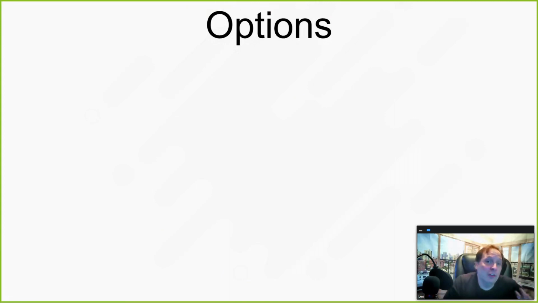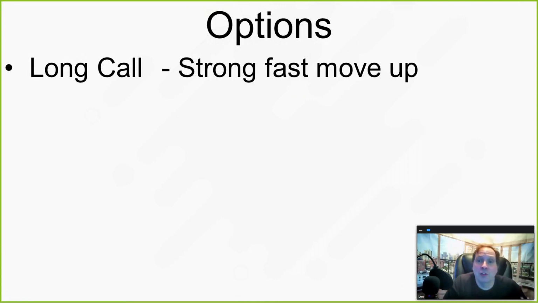Okay, so just to review, when you have a long call option, that means that you bought a call option and that you're looking for a strong, fast move up. You're not just looking for a move up. I mean, you can predict the direction of the stock, but that doesn't matter. What matters is that it moves up stronger and faster than the marketplace expected. Because keep in mind, implied volatility is already built into the price of the option.